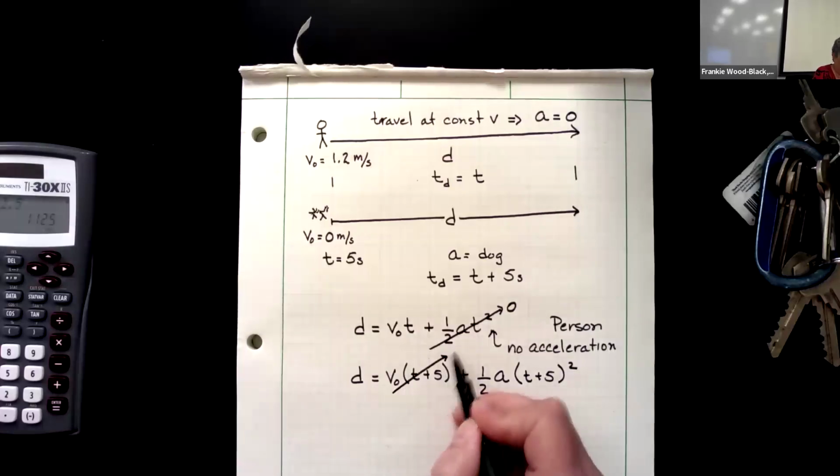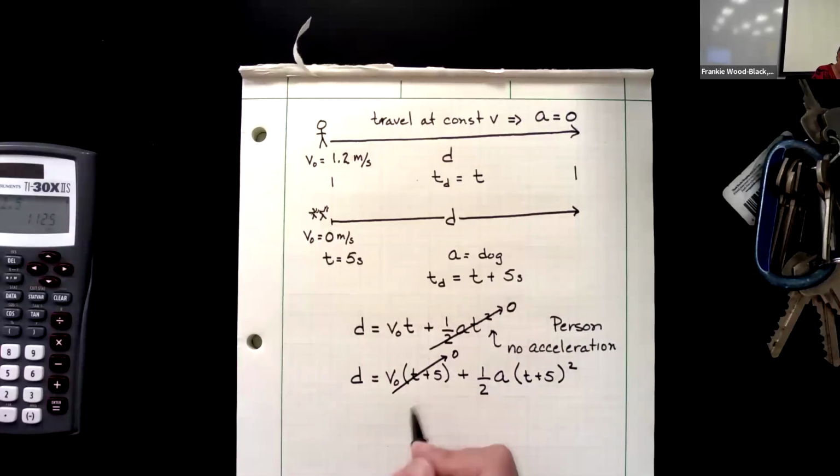The initial velocity term is equal to 0 because my initial velocity was equal to 0. So now I have my initial velocity times time, for the person, is equal to 1/2 my acceleration times time plus 5 seconds squared.